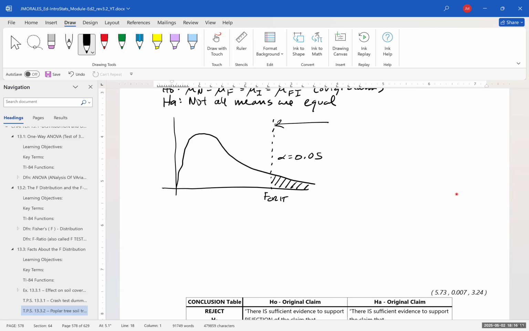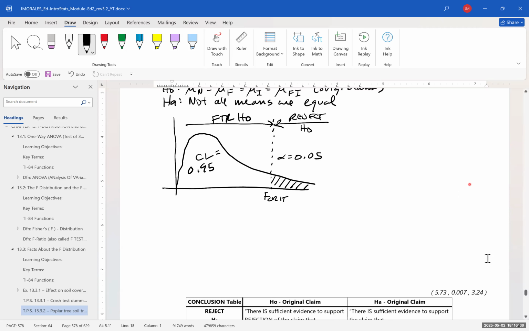The region above the critical value is our reject the null region. Below it, it's fail to reject. Now to calculate this critical value, we're going to need degrees of freedom of the numerator and denominator. So we've got to go ahead and do the ANOVA calculation first.